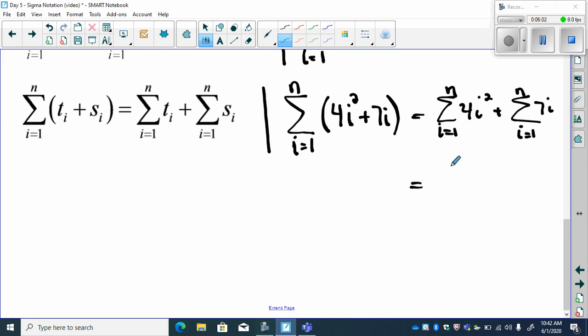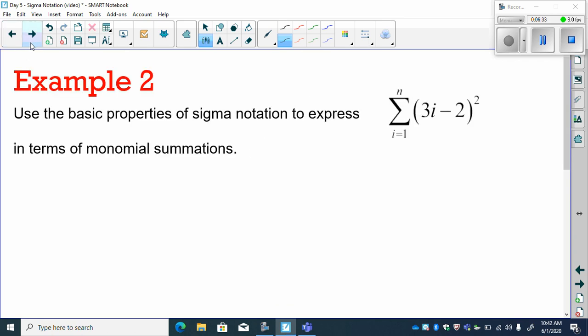Now I can use property number 2, so I can take my constant 4 and write it in front of the sigma symbol. I can take my constant 7 and write it in front of the sigma symbol. The i squared would stay on the right and the i would stay on the right in this case. And there we have it. So those are some properties of sigma that we'll use in this section.